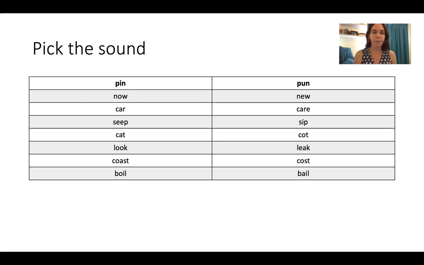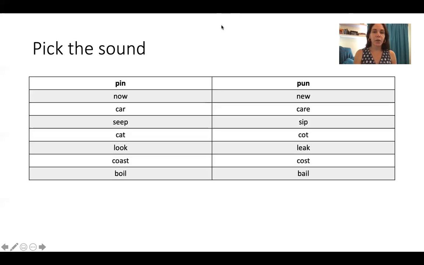The first one says pin, p-i-n, pin. This one, pun, p-a-n. So the only different sound is the sound in the middle, I or a.